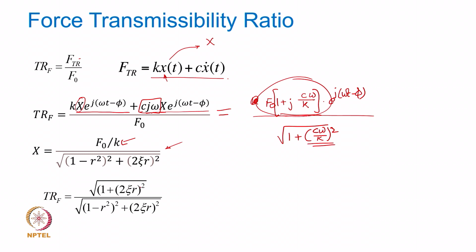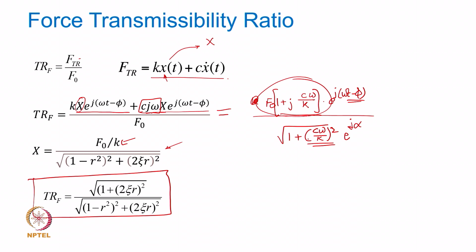This is something which we have already done once. I would leave it to you to work this out. Of course, there will be some additional phase here, j alpha or so, but that phase gets added into this phase. Most of the time we are more concerned about the amplitude or the magnitude of the transmissibility ratio, so we will at the moment ignore the exact expression for the phase angle.